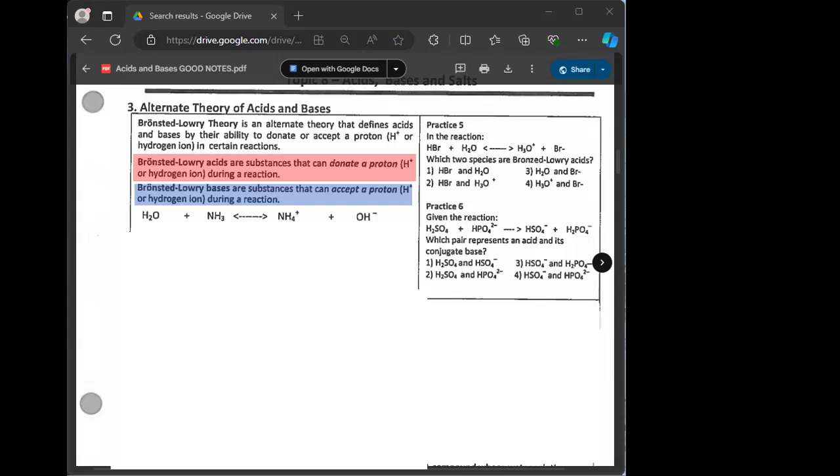Okay, so basically Bronsted-Lowry, oh, I totally lost my train of thought. Basically, Bronsted-Lowry didn't even bother with OH or not.